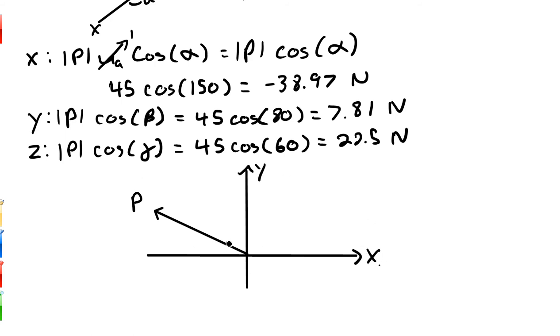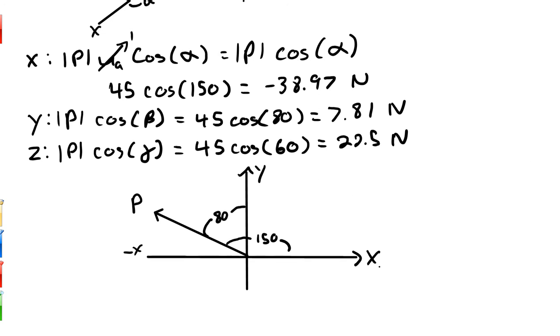So your angle here is given as 150, and you can see that obviously P is pointing in the negative x direction. And then you're given your other angle, beta, which I believe is 80 degrees this way, and that is going off into the positive y direction. So there's part A.